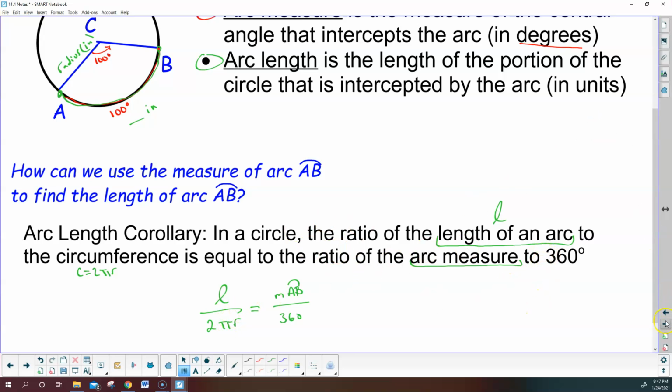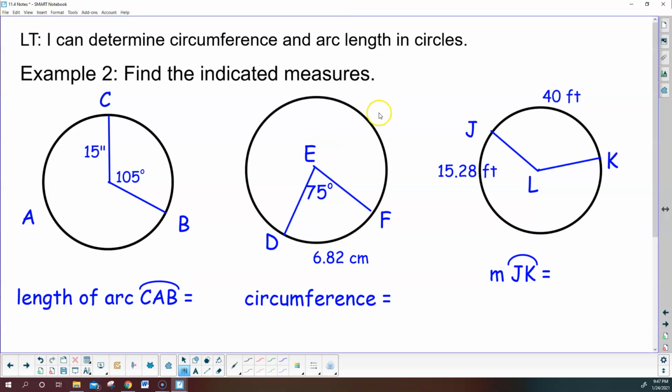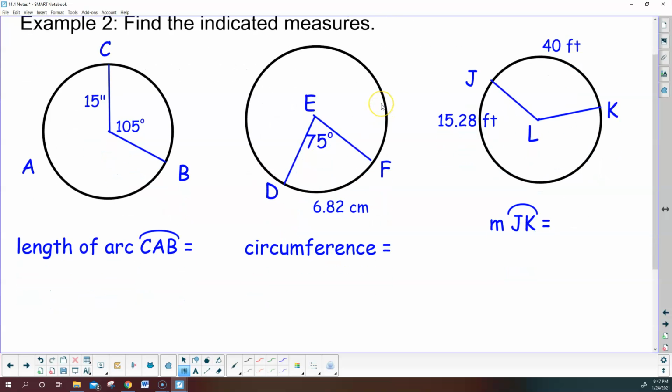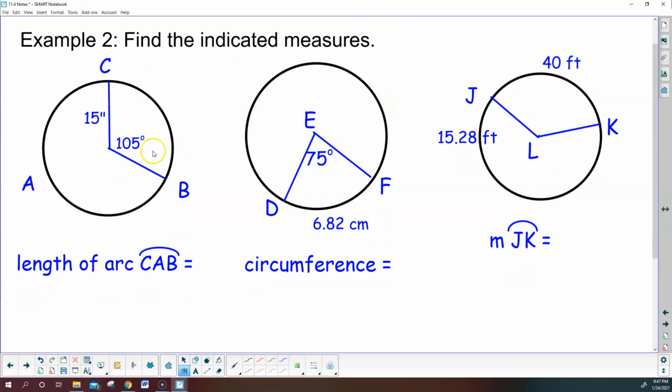All right, so you can pause this and get caught up. I'm going to move on, and we're going to do a couple problems here today. If you need to pause this to draw these pictures, please do so. But let's take a look at what we know. The first one, I know my central angle is 105, which means the arc from A to B is 105.